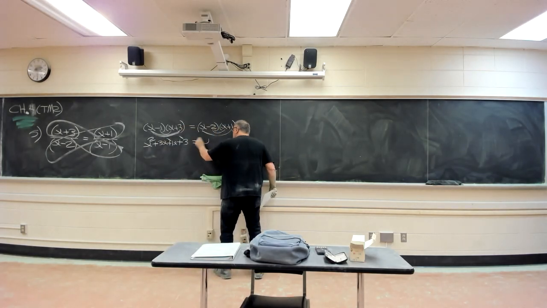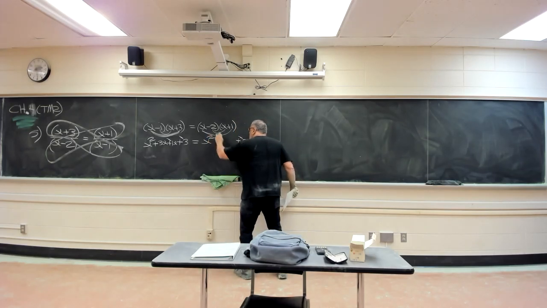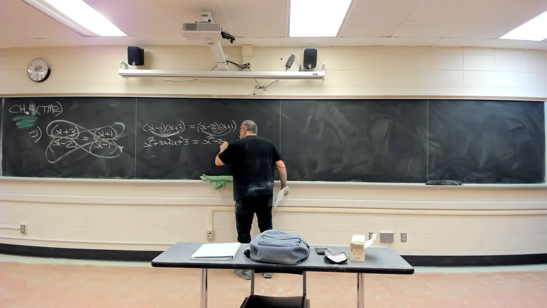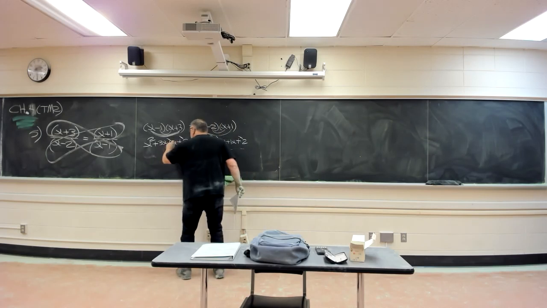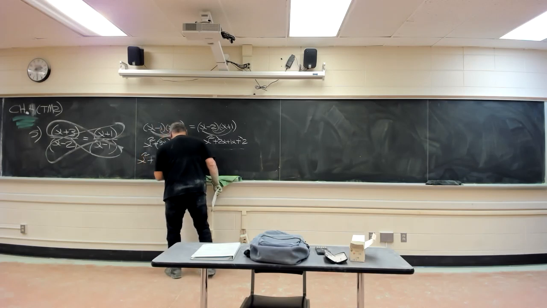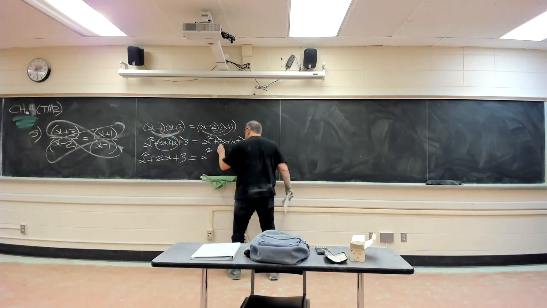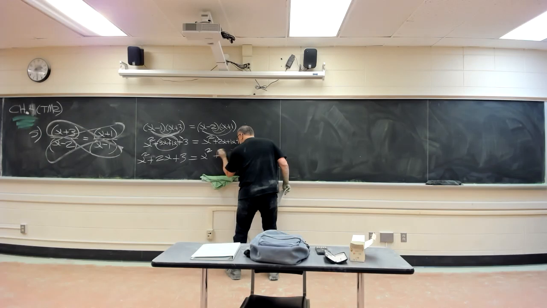The outskirts are x squared, the negative 2 is plus a negative 2. This is negative 2x, the other guy is 1x. 3x and negative 1x is 2x. This is x squared. Negative 2x and 1x is negative 1x.